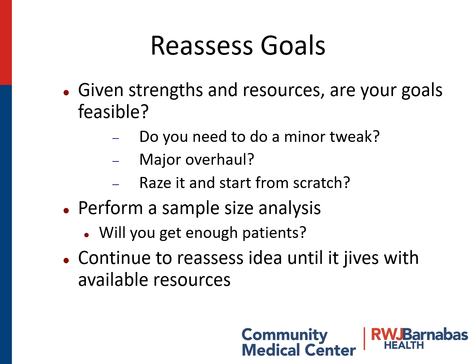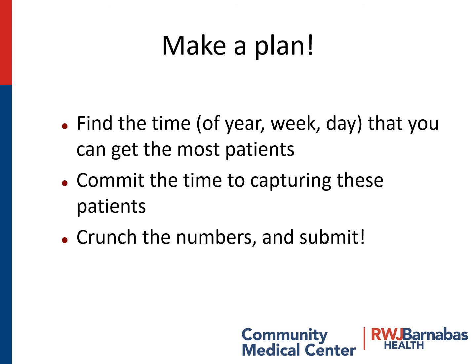And then you have to reassess the idea until it looks like you'll be able to accomplish it with the resources at your disposal. Then you have to find a time when you can capture the most patients and commit time and get your colleagues to assist you. And once you collect all the data, you can crunch the numbers and write up a manuscript.